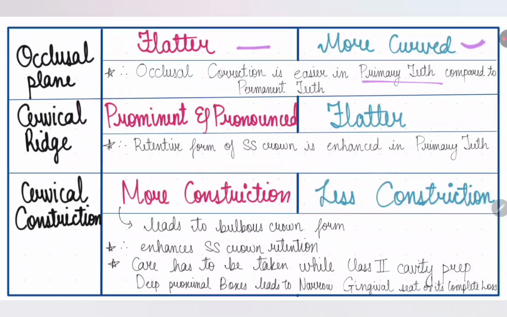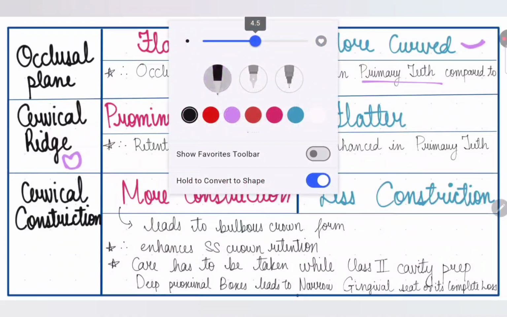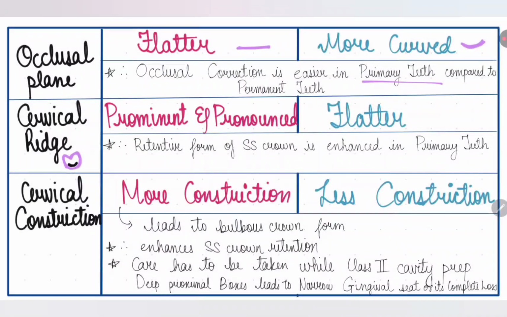Talking about the cervical ridge, I hope we all know what the cervical ridge is. The cervical ridge is the ridge present in the cervical 1/3 of the tooth. For example, if this is your tooth, then the cervical ridge is a ridge present in the cervical 1/3, right? Now the cervical ridge is prominent and pronounced in the primary teeth, whereas it's flatter and not as prominent in the permanent teeth.